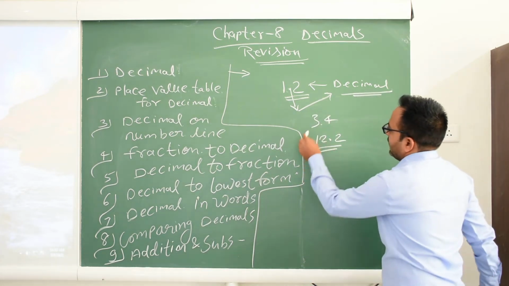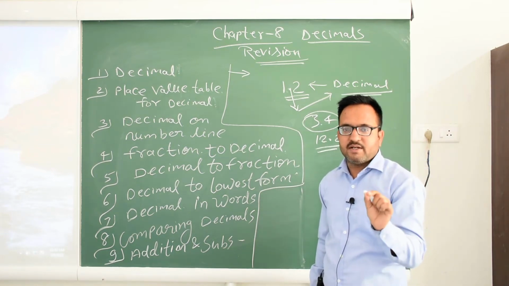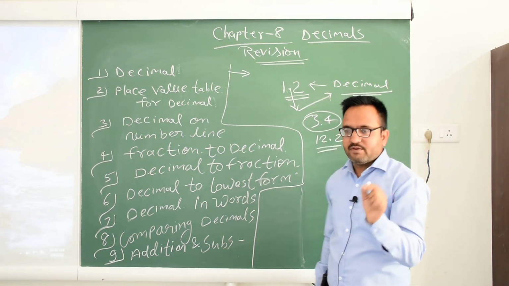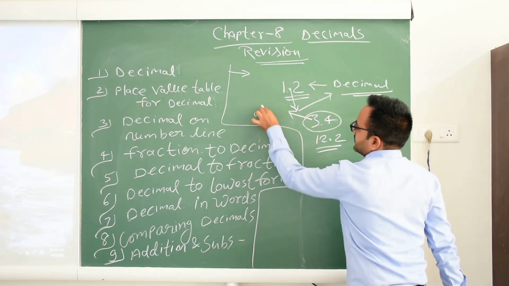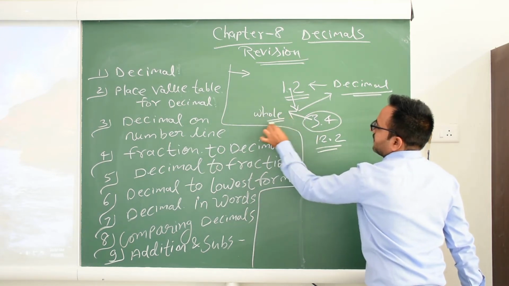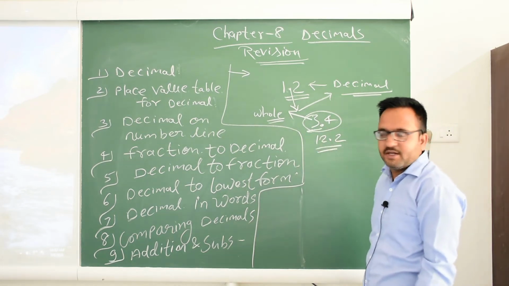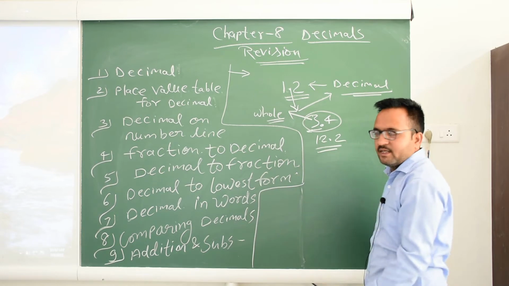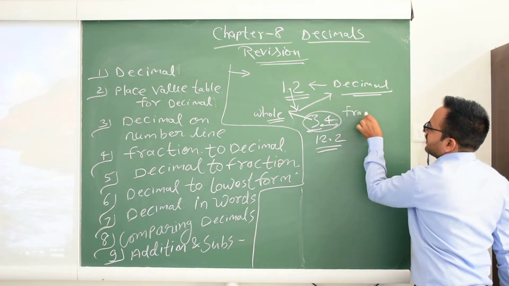In a decimal number we have two parts. The first is the whole number. Before the decimal point we have a whole number, and after the decimal point we have a fractional part.